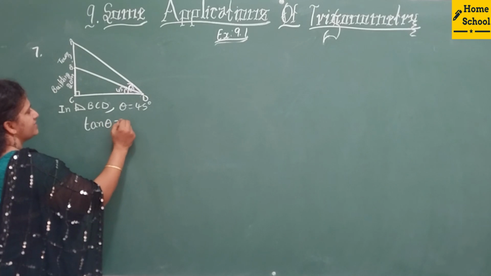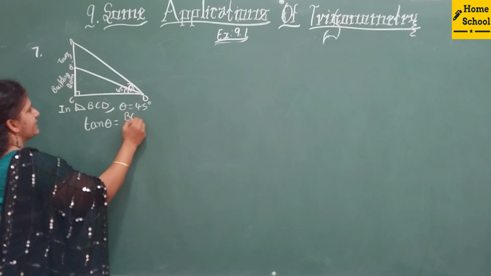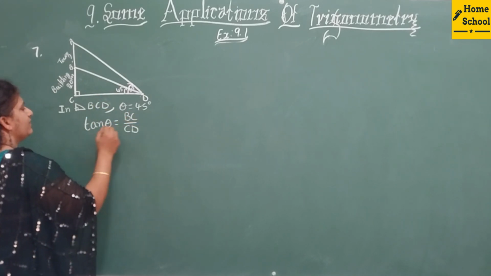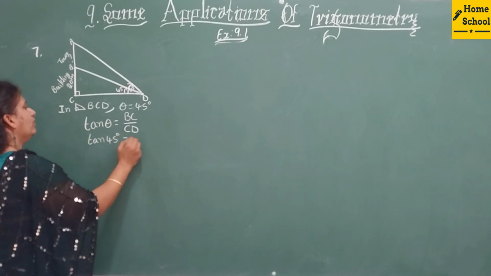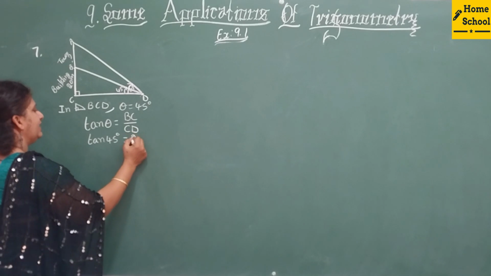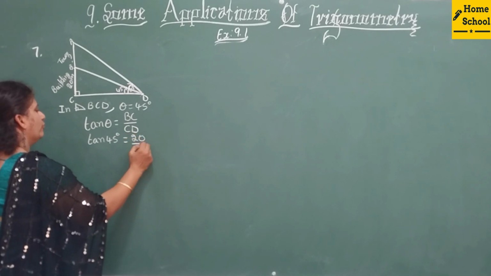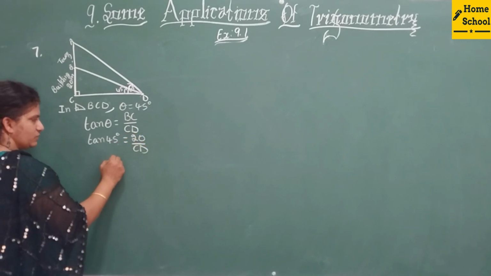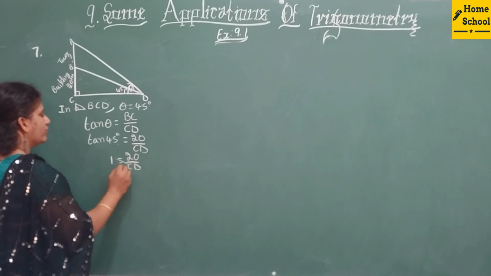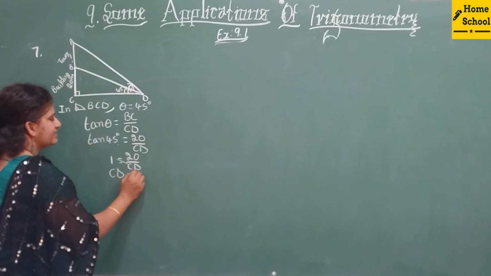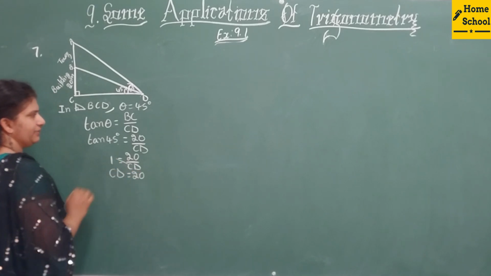Tan theta is equal to opposite BC by CD. Tan 45 degree is equal to BC value is 20. CD we don't know. Tan 45 value is 1 is equal to 20 by CD. Cross multiply. CD is equal to 20.